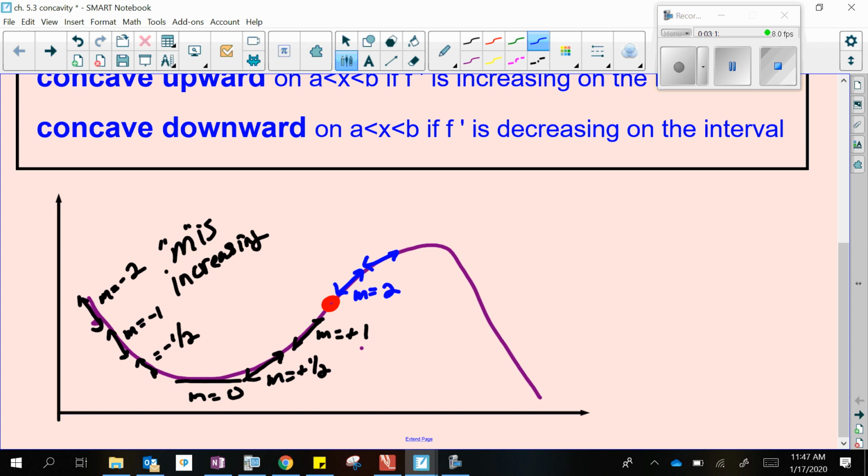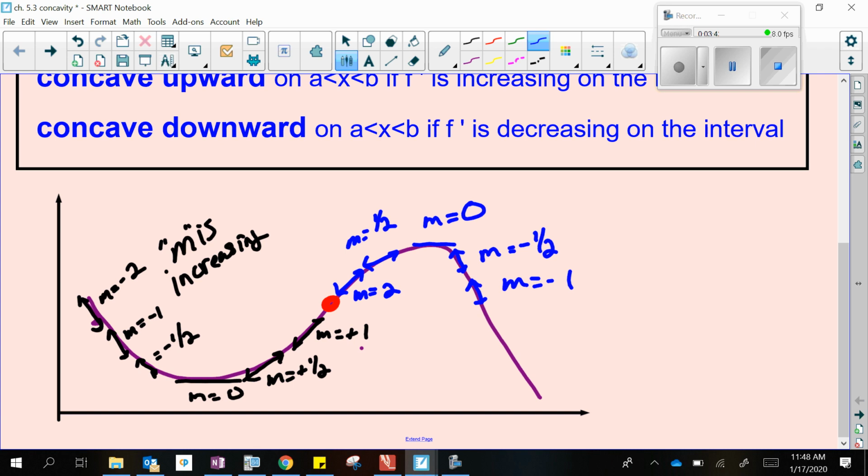So let's say that might be m equals maybe 1/2. And up here, it's flat, so m equals 0. Does everybody agree with that? And now what happens to the slopes of the tangent line? They're decreasing. So let's say this is a little flatter, say negative 1/2, negative 1, etc.